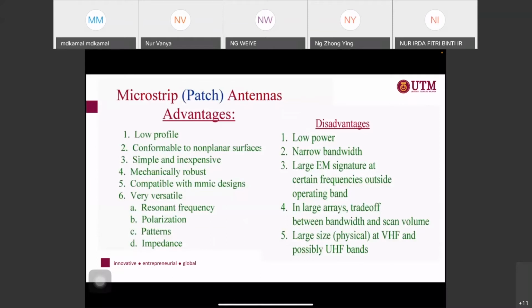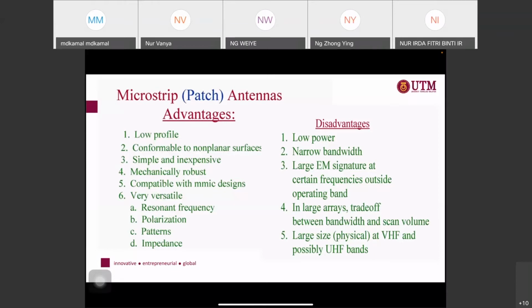Of course, the antenna has advantages and disadvantages. First of all, the microstrip antenna is low profile, conformable to non-planar surfaces, simple and inexpensive, mechanically robust, compatible with MMIC, monolithic microwave integrated circuits, and very versatile in terms of resonant frequency, polarization, pattern and impedance. The microstrip antenna can also have different polarizations.